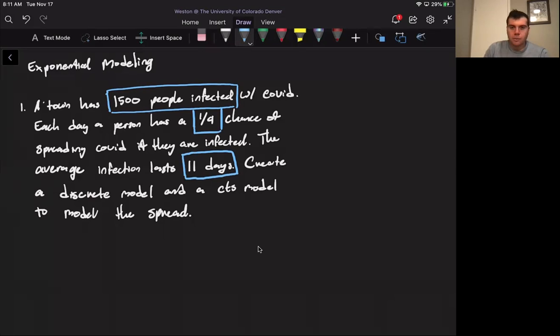All right, so we'll first work with this 11 days. In our COVID models, we want everything to be a rate. And so since the average infection lasts 11 days, we expect that 1 in 11 recover each day.